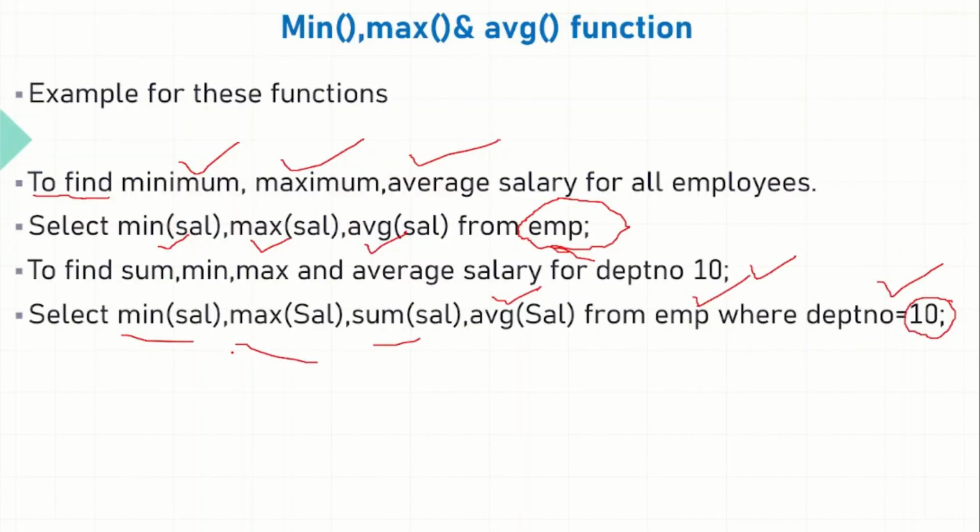So I hope you are able to understand the use of min, max and average salary, right? Sometimes it is also important. Suppose there is a question: find the name of the employee who gets maximum salary in the company.